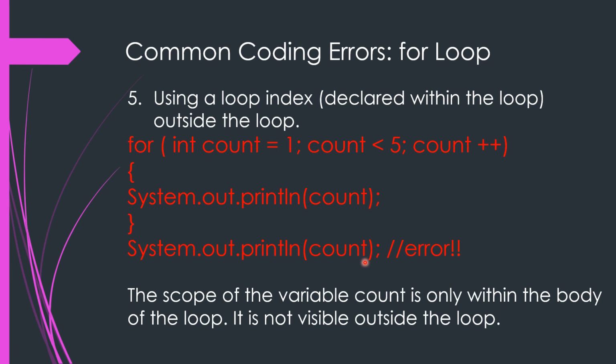Because here we have taken the variable as count, so any variable will only have the scope inside the loop, not outside the loop. So that is why we should always use the statements inside the loop only, and we must not exit the loop and then write the statement because it will show an error.